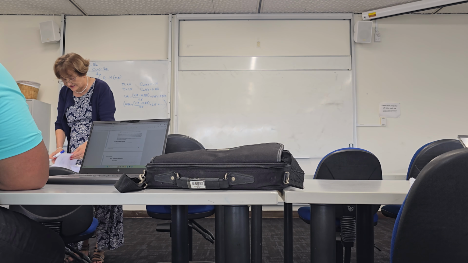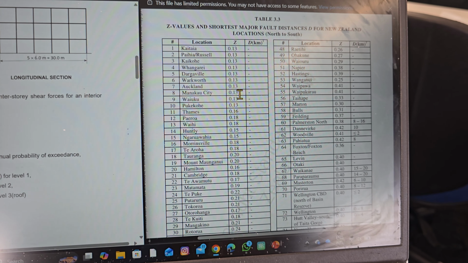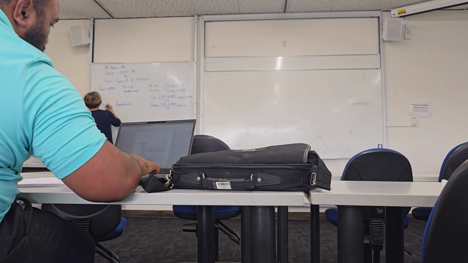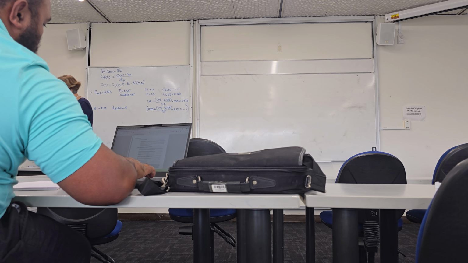Auckland is number 7, and you go to number 7. What is Z? 0.13. Yeah. After this, next one is the return period.